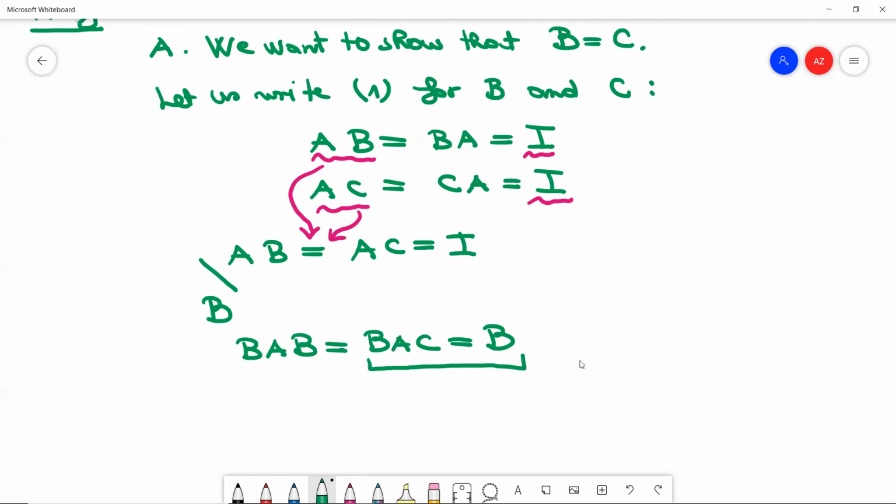If we look at this, BA is equal to identity. So we use that this is identity times C is equal to B, but the identity times C is C. And this is the end of the proof.